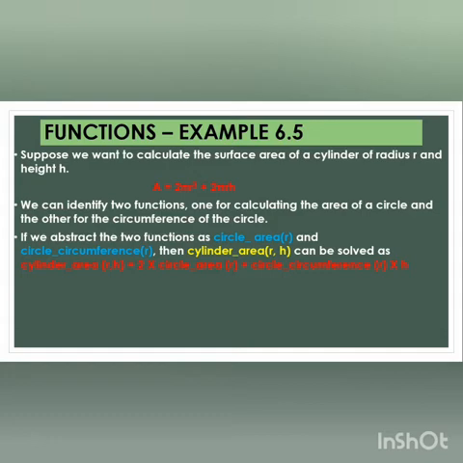So we have created 2 functions here: one for the area of a circle, circle_area(r), and another, circle_circumference(r). These two are functions. If we add these two functions, we will get the solution for the area of the cylinder.